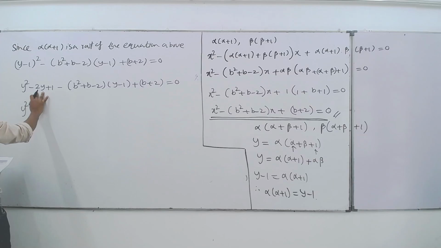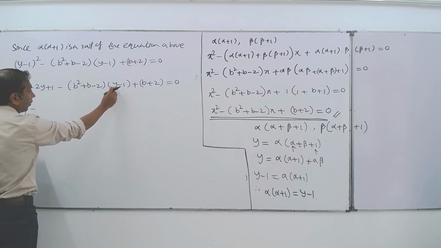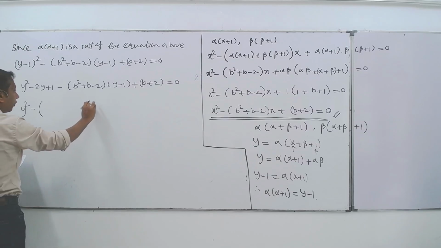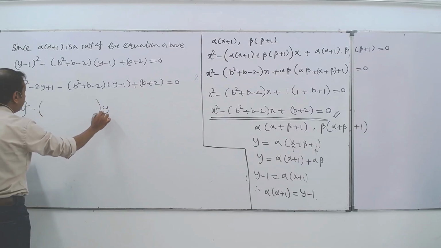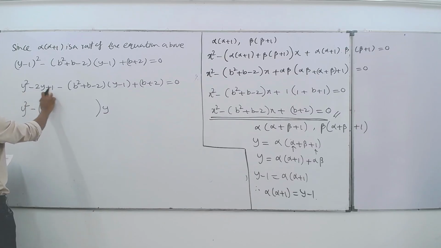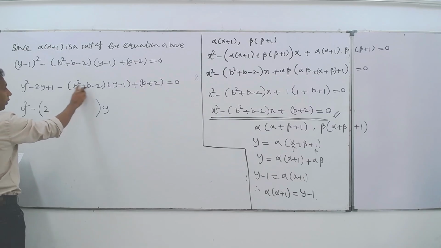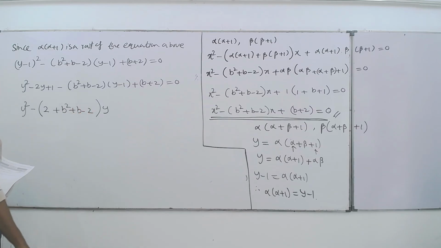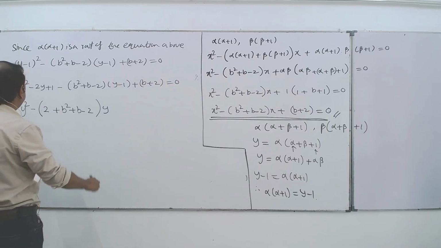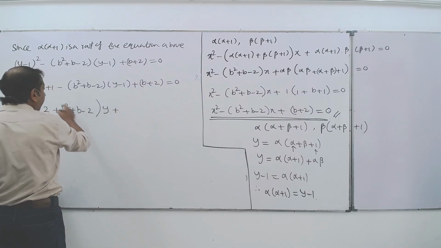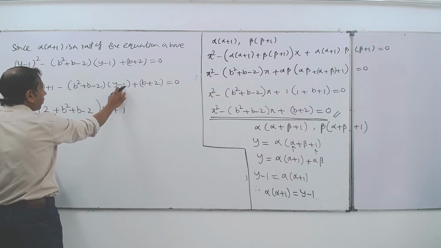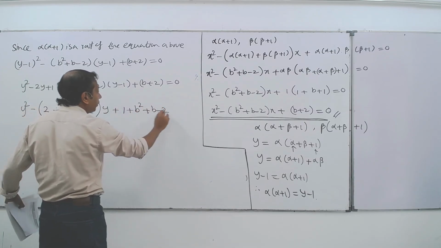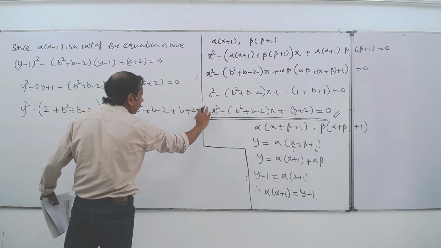Here we have minus 2y, and when you remove the bracket we get minus y times (b squared plus b minus 2), so we take it out. Now we have to take constant terms. Here we have plus 1, here minus and minus make plus, b squared plus b minus 2, and here b plus 2 equals 0.